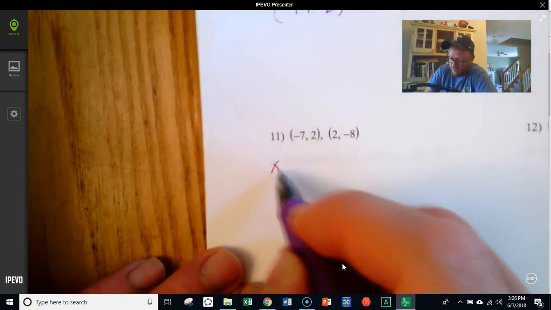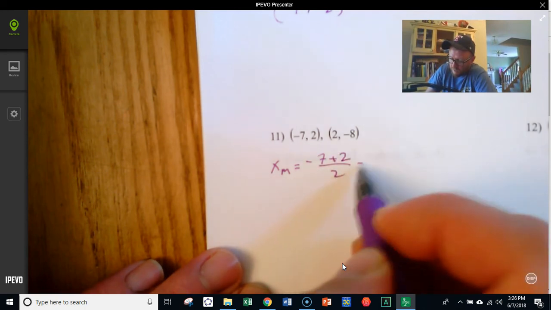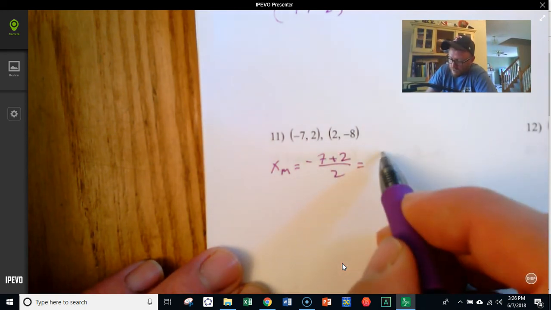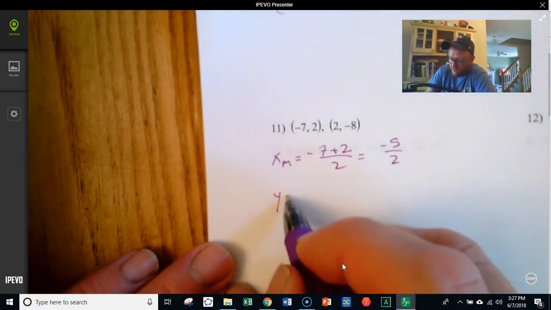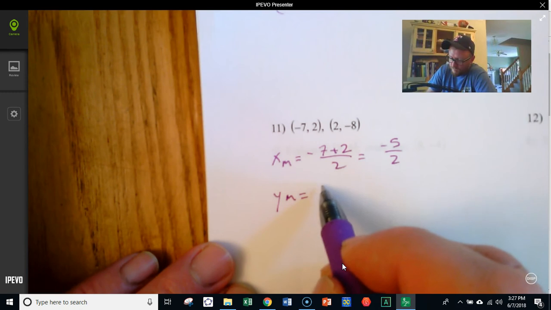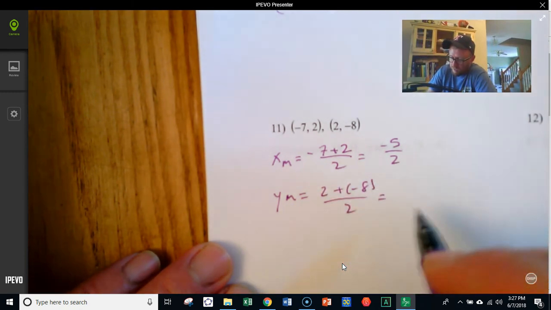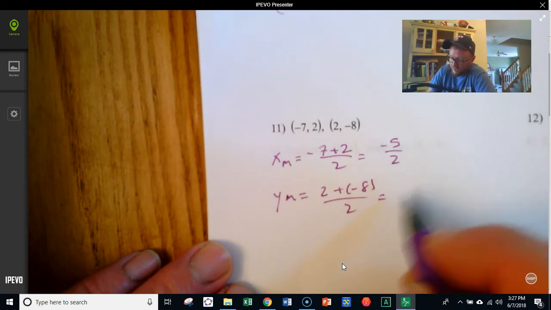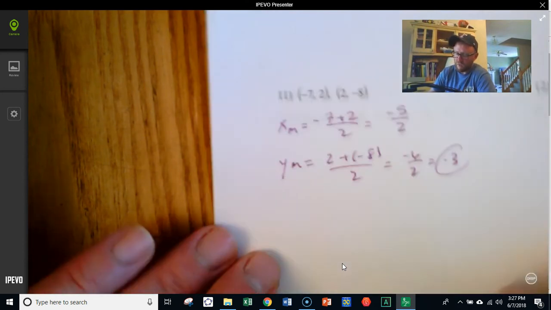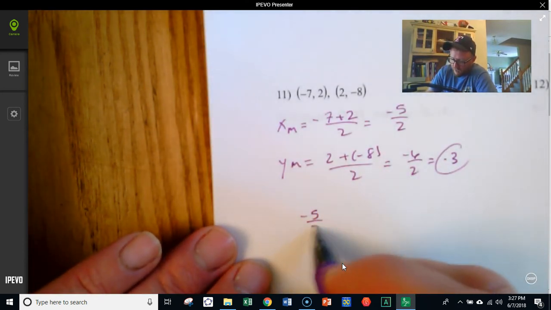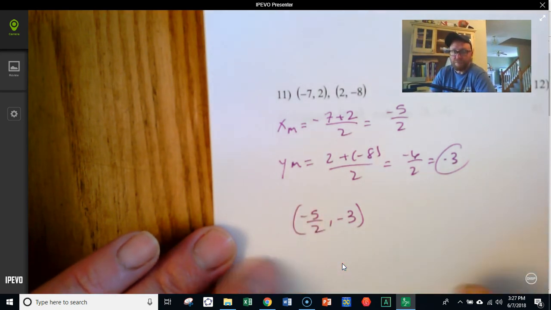Alright, so our x-coordinate here for the midpoint will be -7 plus 2 over 2, which is -5 over 2, which is -2.5. Our y-coordinate will be 2 plus -8 over 2, which is -6 over 2, which is -3. So we have -5/2, comma -3.